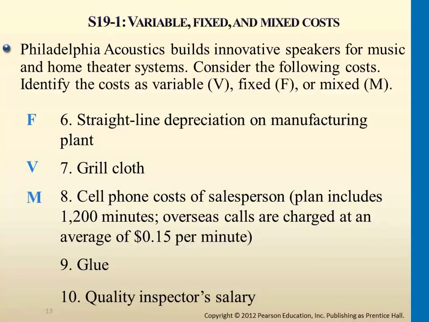Mixed, cell phones. Remember cell phones we just talked about, it could have a fixed rate. Of course, if you're talking about some of the very special plans for travelers, then probably it's all variable costs. But for the general sense, you will have a fixed plan, and then the portion that goes beyond it becomes variable costs. So it's a mixture of both. Glue, again, a type of indirect materials, is considered variable costs.